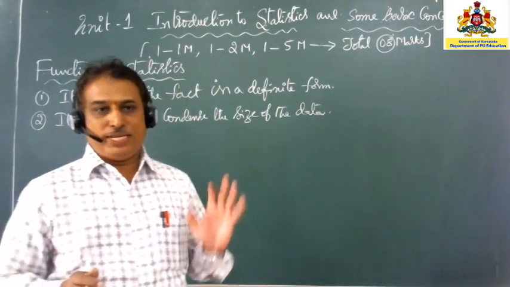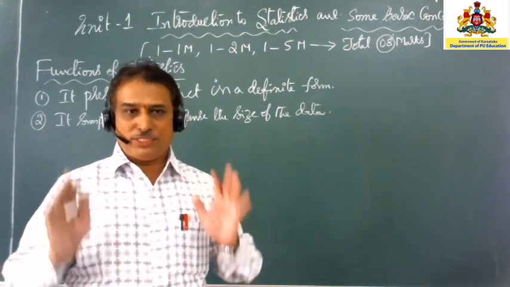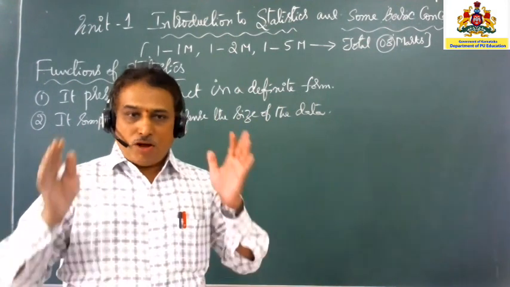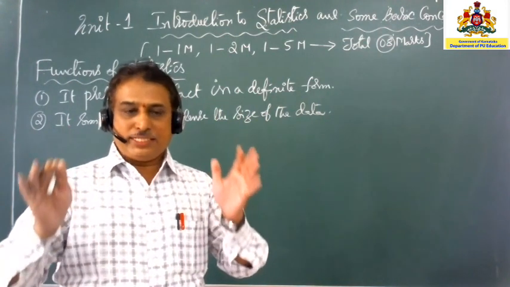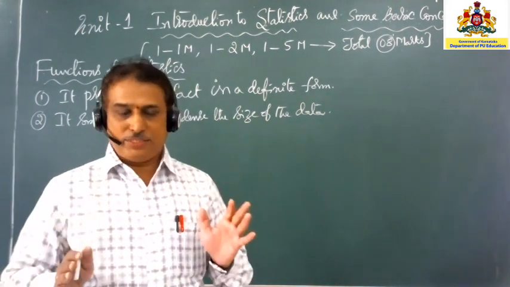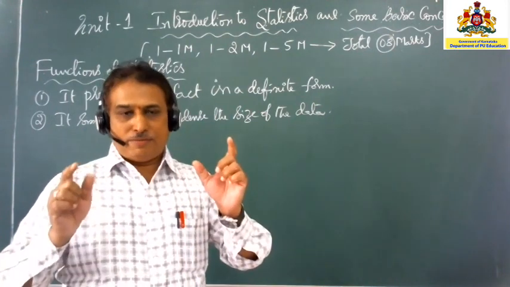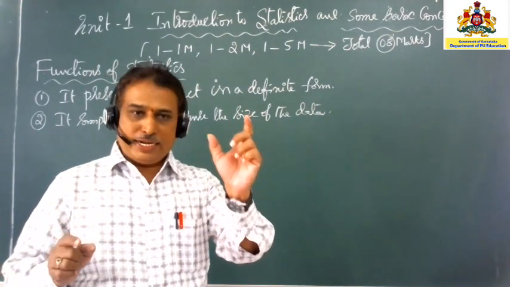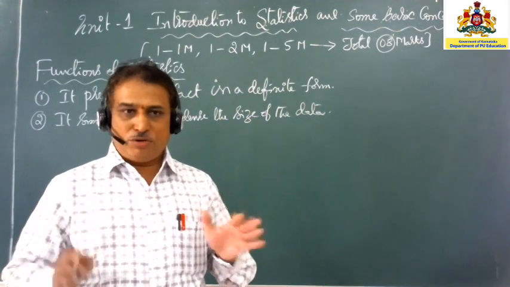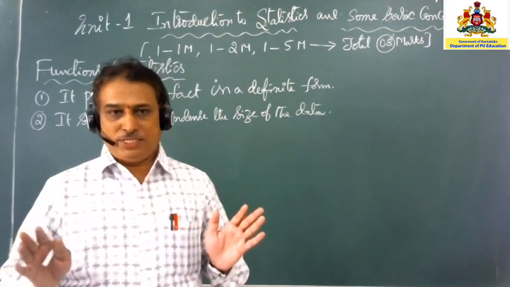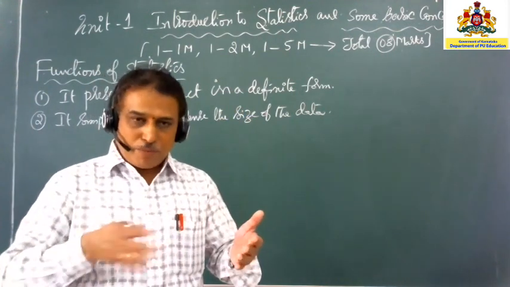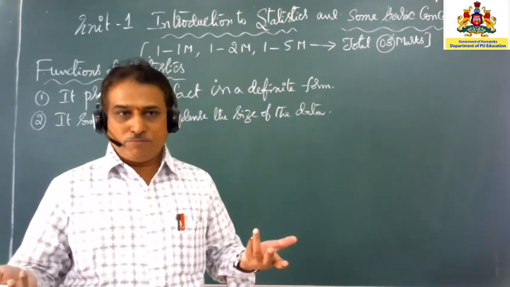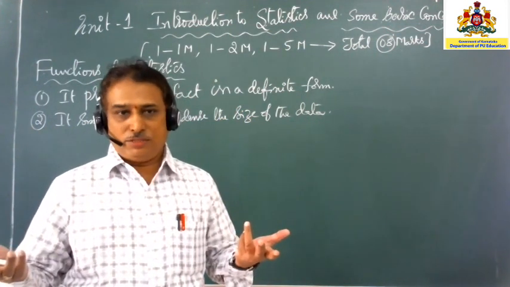For this, I will give one example. Suppose in a class, 100 students are there. For all the 100 students, I collected the total and average marks of 6 subjects. On each page, I collected the information of 20 students. In total, I have 5 pages of information. By referring to all the 5 pages again and again, I can't get any conclusion.